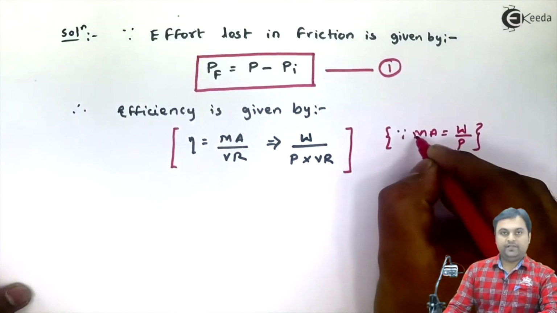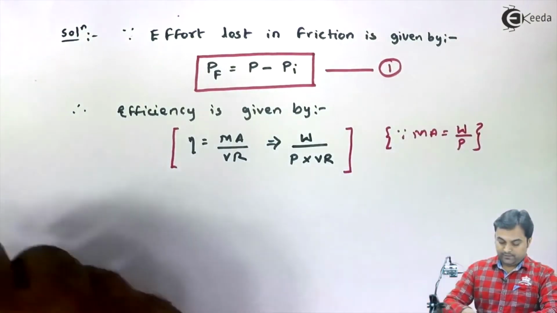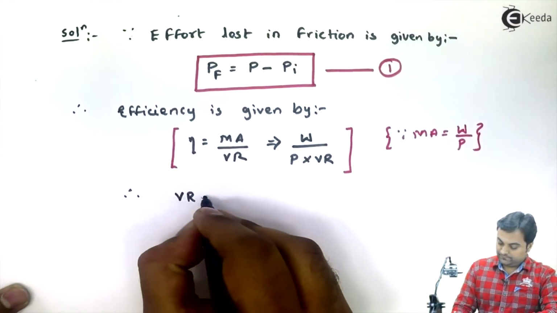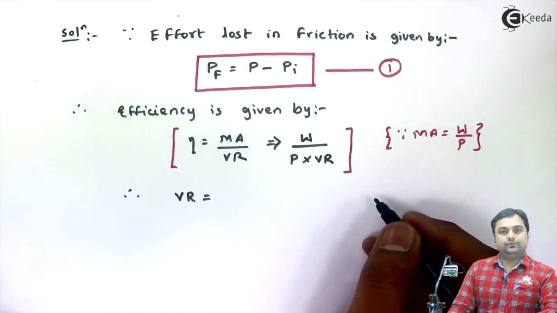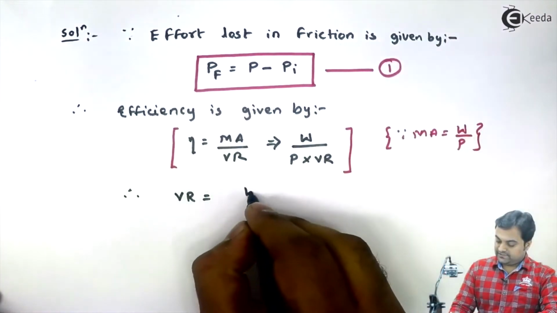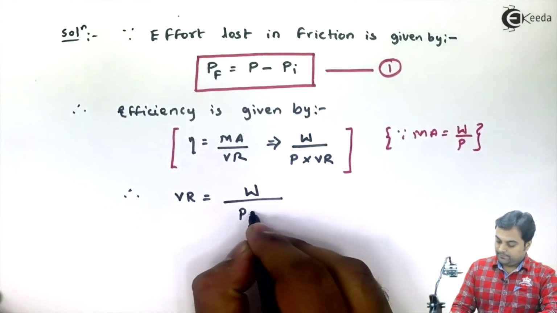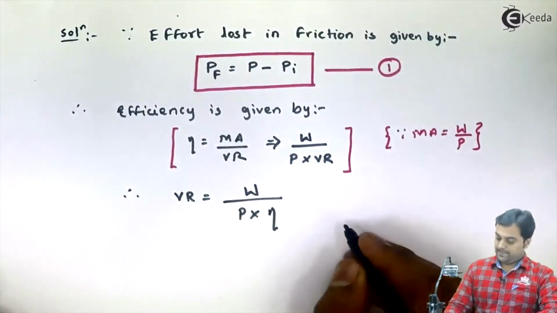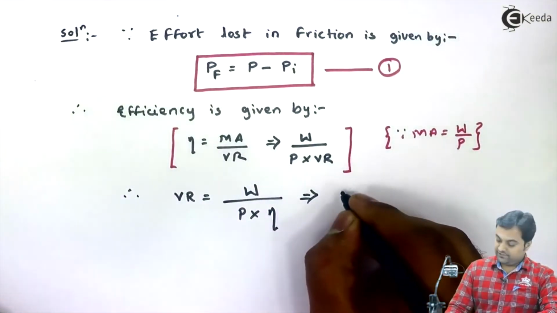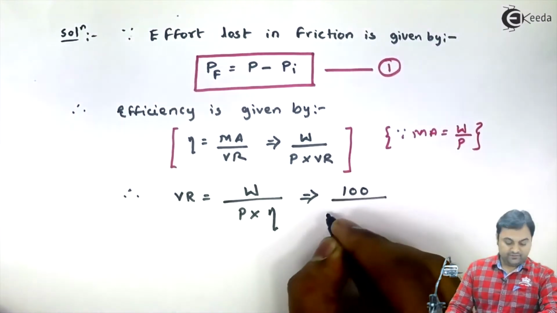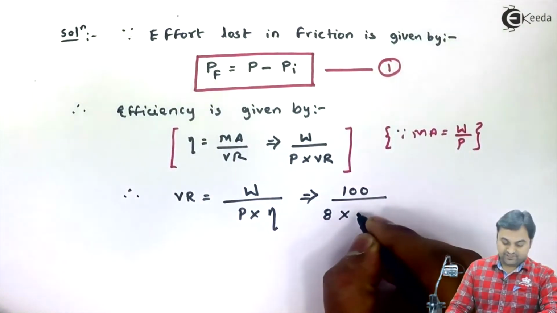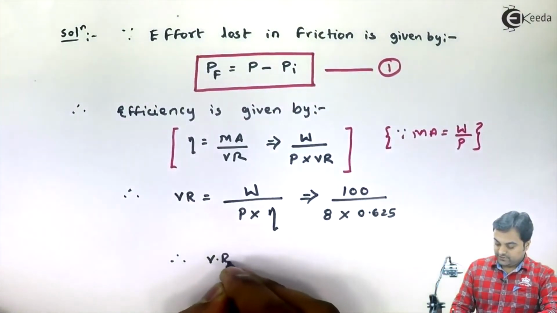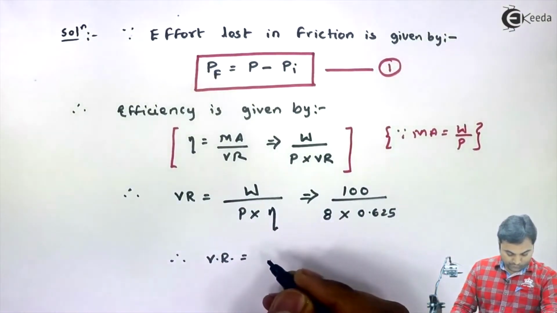So I have replaced MA with W upon P. Now I will shift velocity ratio to the left, because velocity ratio we don't have in this problem. On the right hand side I have W upon P, and efficiency will go into the denominator. So velocity ratio is equal to load, 100 Newton, upon effort, 8 Newton, into efficiency, 0.625. From this I will get velocity ratio first, and my answer is 20.